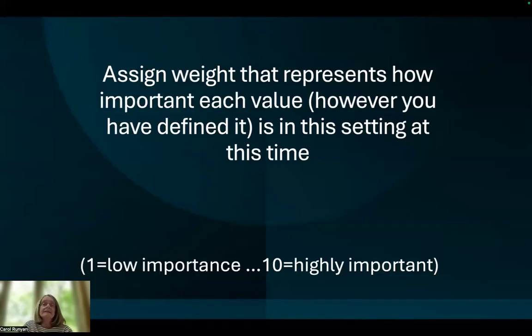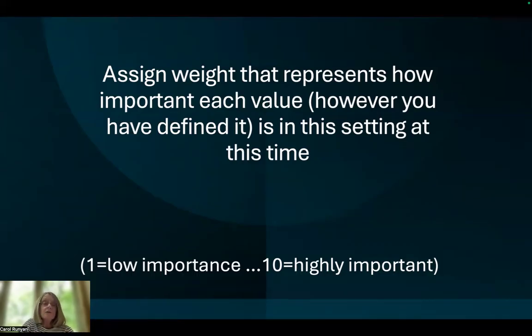How important is it in this setting at this time? What is important in one community may not be the same as what's important in a different community or in a different culture. I mean, we have different values about searching as we get on airplanes than we did before 9/11. So it's time and location dependent.